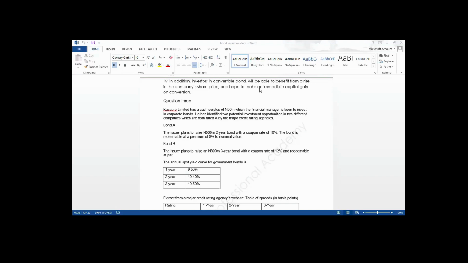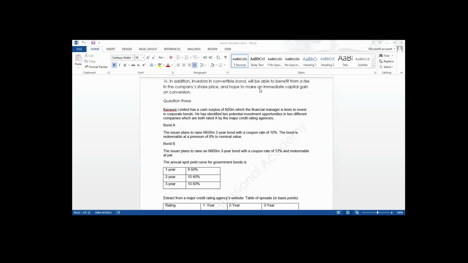The annual spot yield curve for government bonds is given below: year one 9.5, year two 10.4, year three 10.5.